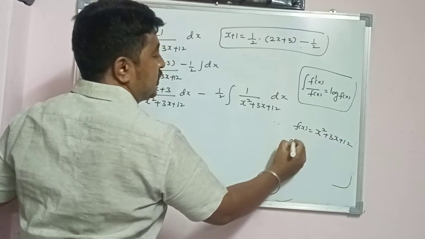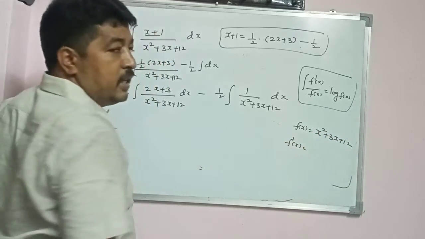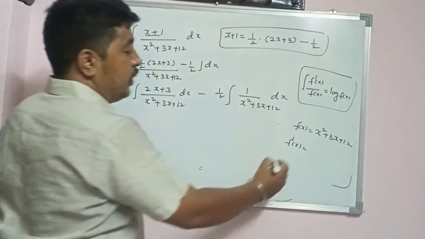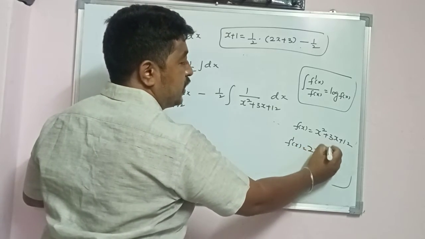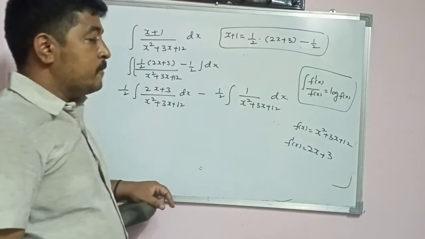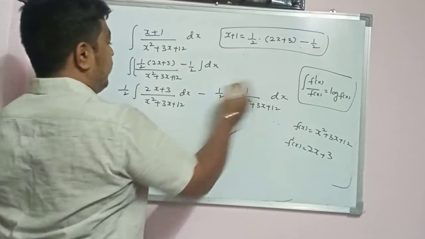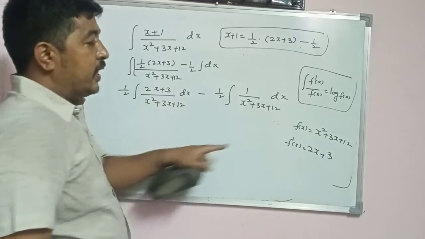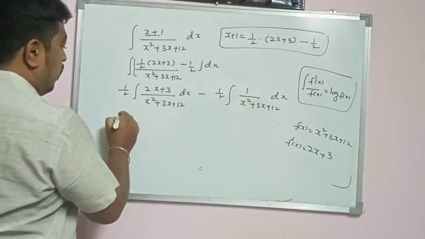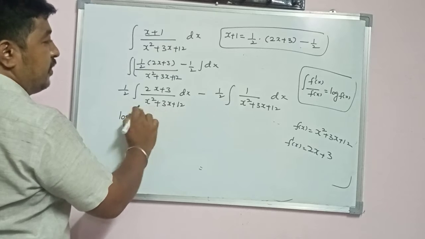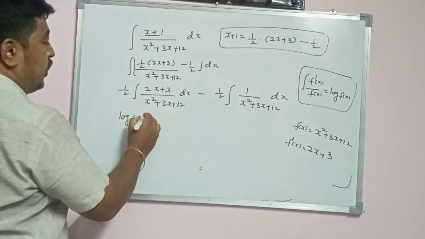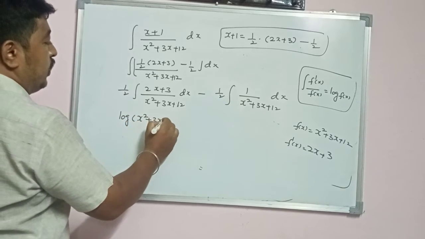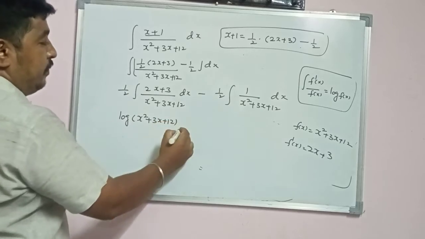So f′(x), the d/dx, of x² is 2x and of 3x is 3, so 2x + 3. This is the f′(x) differentiation, and this is the function f(x). So the result is log of f(x), that is log of (x² + 3x + 12). This is completed.